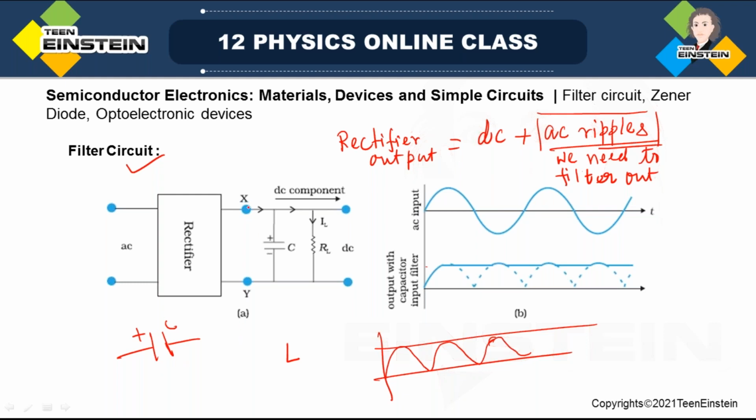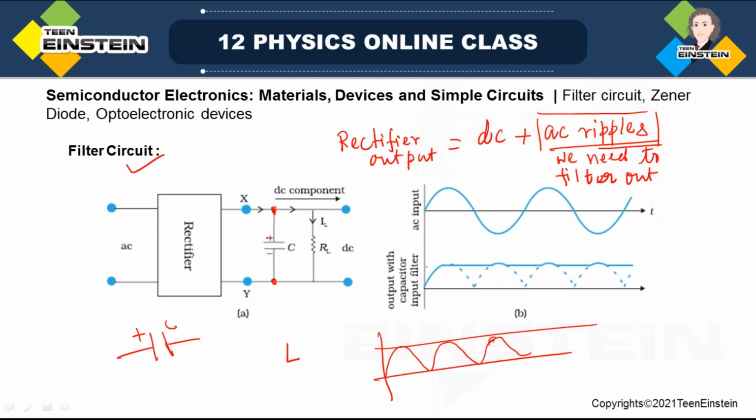So when this pulsating output is fed to this filter circuit, then see the voltage across it. When the capacitor is getting charged, voltage across it will increase.